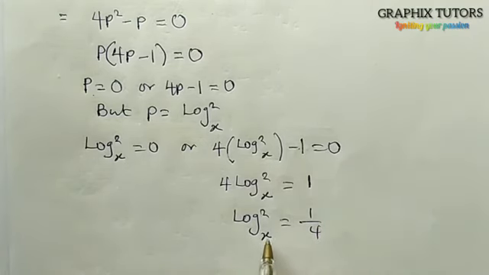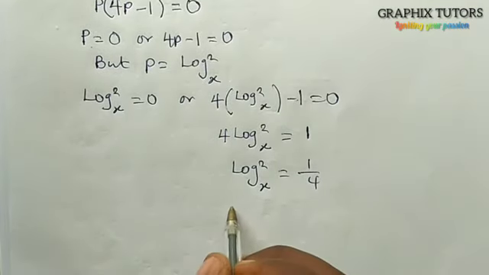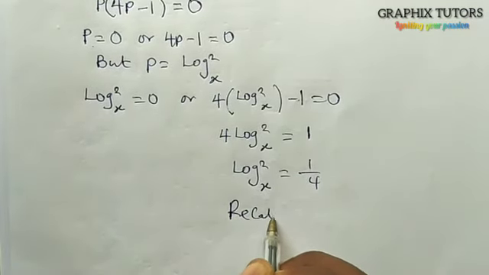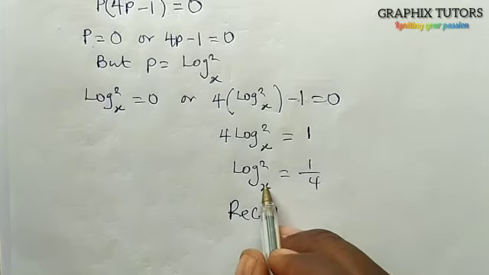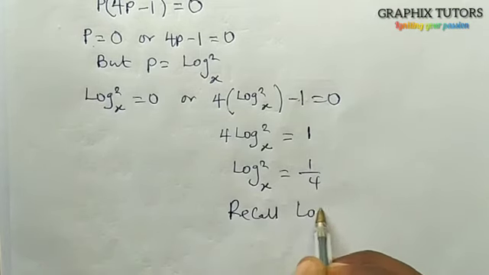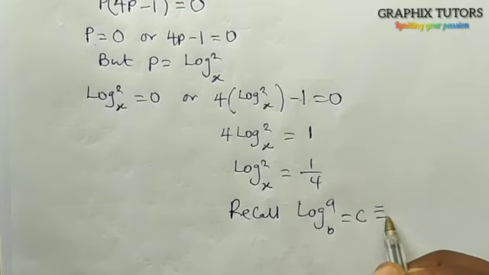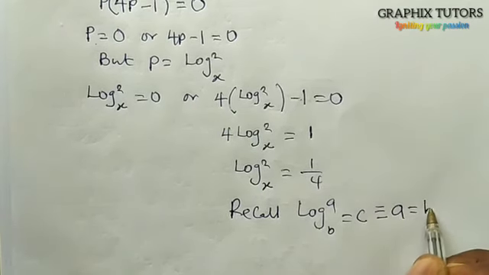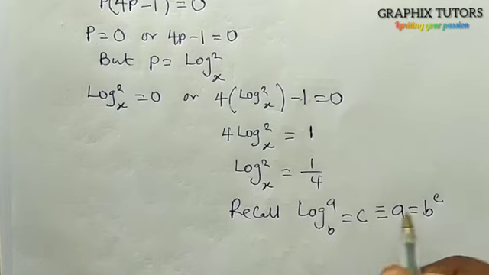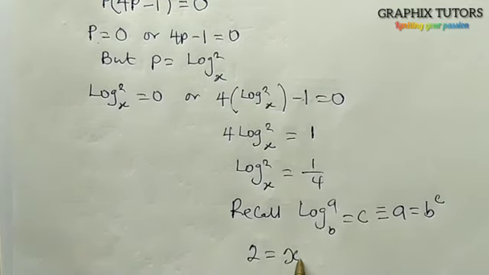Now, there's a law that says, recall, if I'm having log a b equals to c, it is the same as saying a is equals to b to the power of c, right? So this will now give me 2 equals to x to the power of 1 over 4, right?